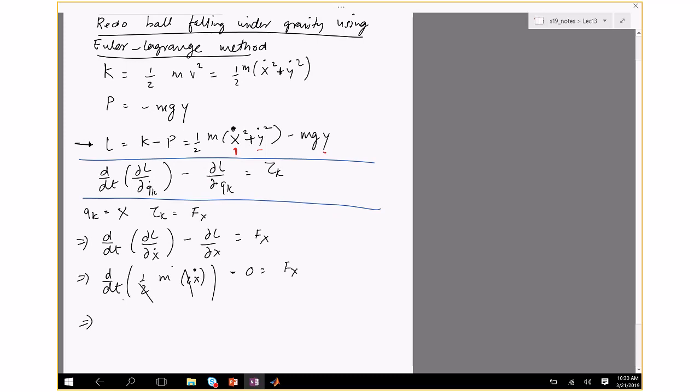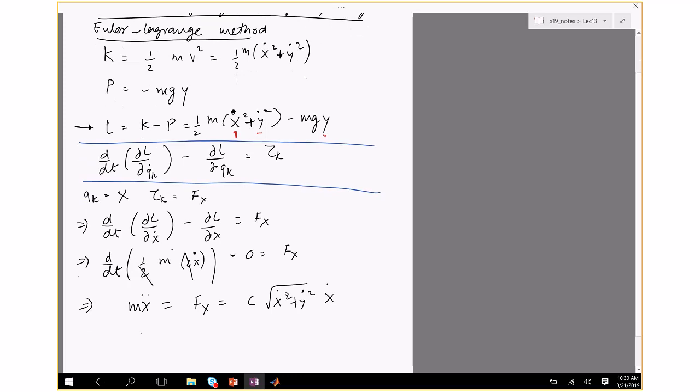So I take d/dt of mx dot, simply mx double dot equals Fx, which by the way was c times x dot squared plus y dot squared times x dot. And so our first equation is x double dot equals c divided by m times x dot squared plus y dot squared times x dot.